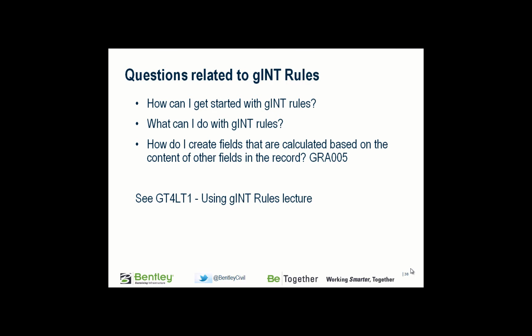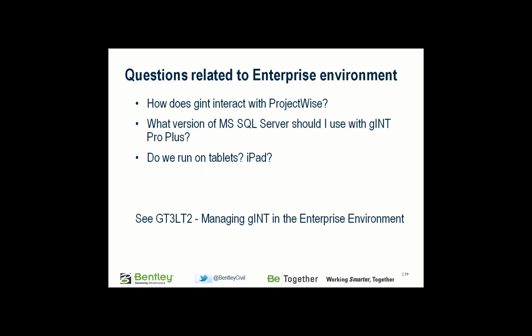They are an application programming interface, or API, and you can do advanced customization and automation with gINT rules. This year we have a lecture named Using gINT Rules, coded GT4LT1, and this lecture provides you with more details on how to start with gINT rules and what you can do with them. Also, this lecture, as all other lectures, will be recorded and supplied to you after the event in the form of DVD or CD.